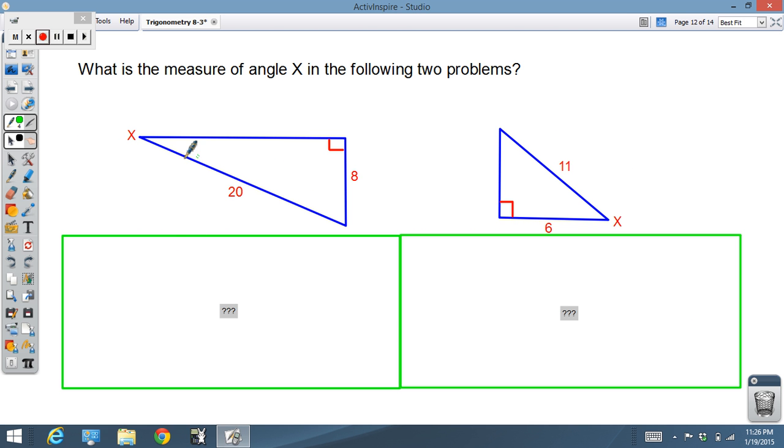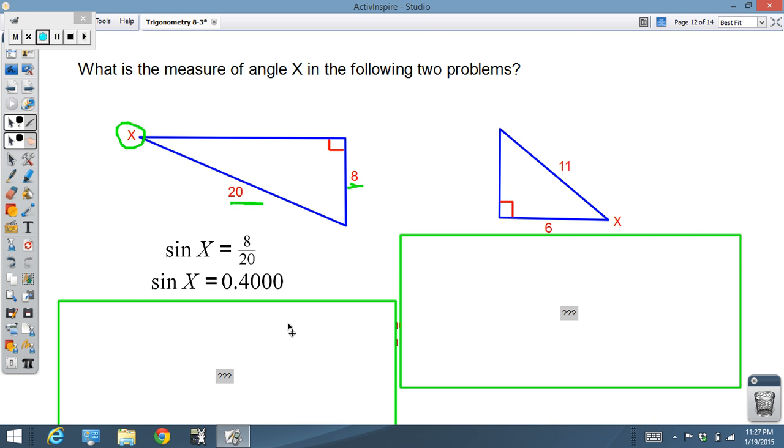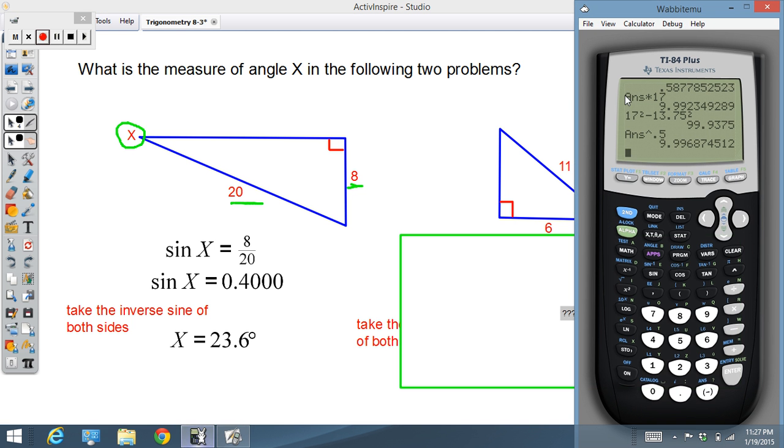Okay, what's the measure of angle x? So I want to find the angle. I'm given two sides. Because I'm looking at this angle here, and I know the opposite and the hypotenuse, I'm going to take the sine of x equals 8 over 20. I'm going to simplify that 8 over 20. And then on my calculator, I'm going to use the inverse sine, second inverse sine, 0.4000, and that will spit back my angle, okay?